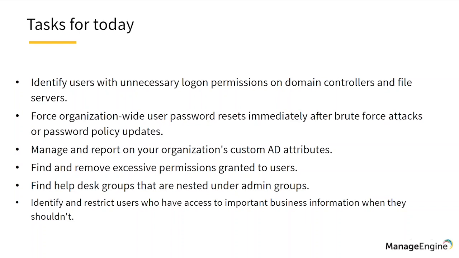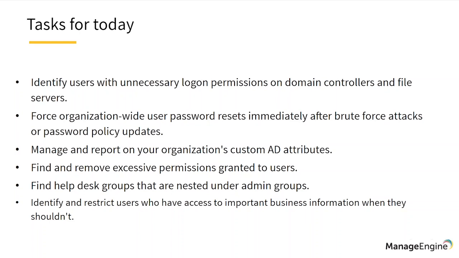And then we'll look at how we can view the nested group memberships for users. So if we log on to Active Directory Users and Computers and look at the member of attribute for a particular user, it will only show us the groups to which the user is an immediate member. It will not show nested groups.